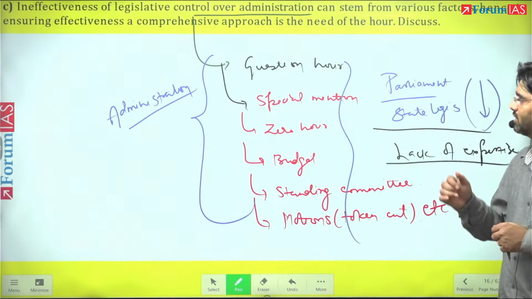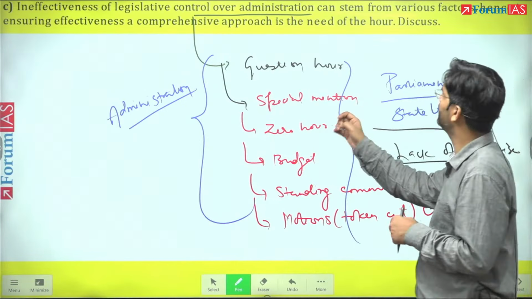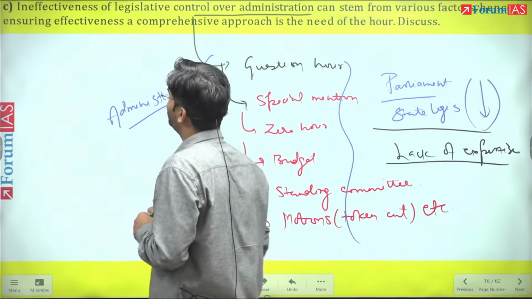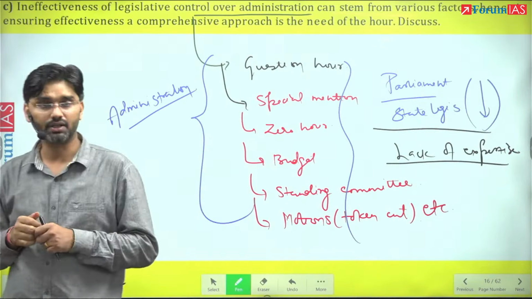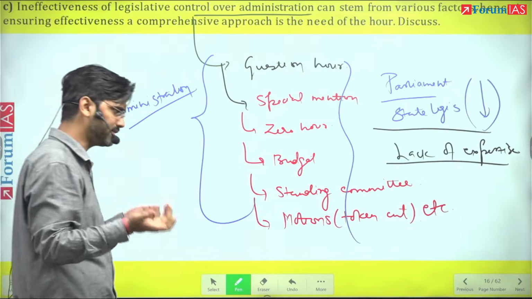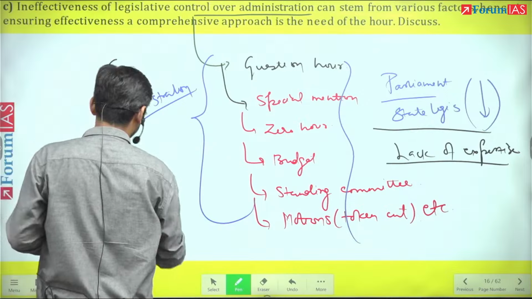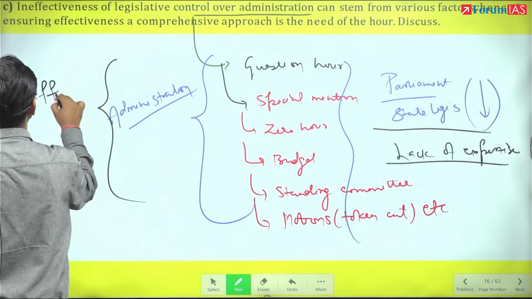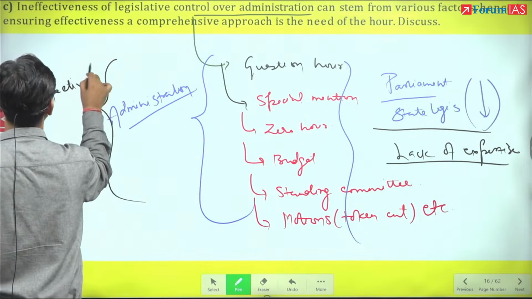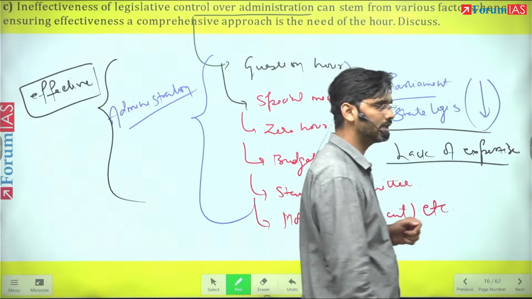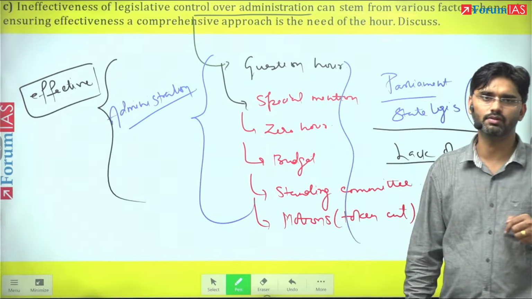So there are lots of limitations when it comes to legislative control over administration, and it is ineffective. Many times it has been effective also, no doubt in that. But such cases are actually exceptions.